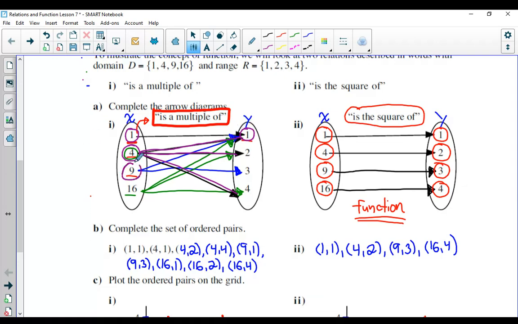It would also fail for the 9 because 9 maps to 1, and it also maps to 3. 16 also fails because it would map to 1, it would map to 2, and it would map to 4. If I want it to be a function, for each domain value, input value, you can relate to exactly one output value. So this one is not a function for that reason.